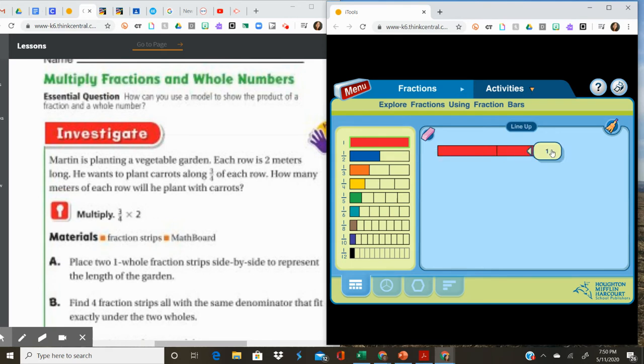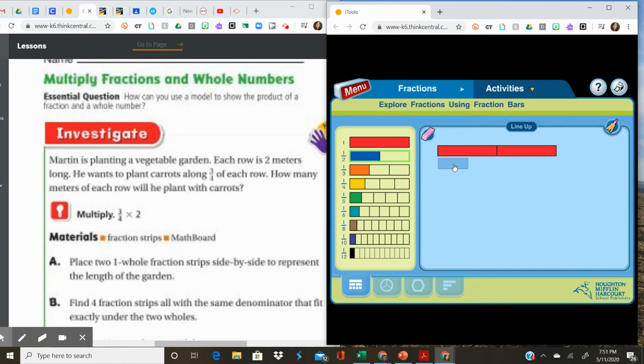Here, 2 wholes are already in 2 groups. How do I make 4? I would split them in half. Do I know which one would fit exactly under half of this whole? I think it's 1/2. But we're going to double check that the blue 1/2 piece fits 4 times under 2 wholes.